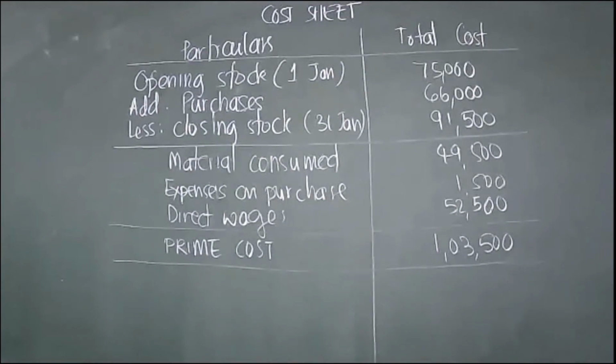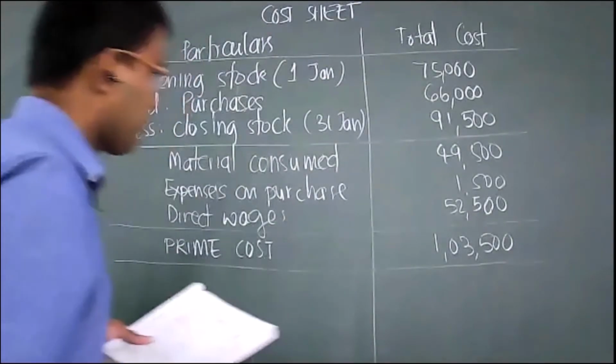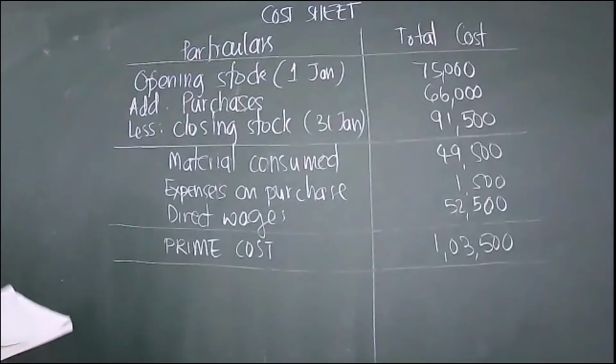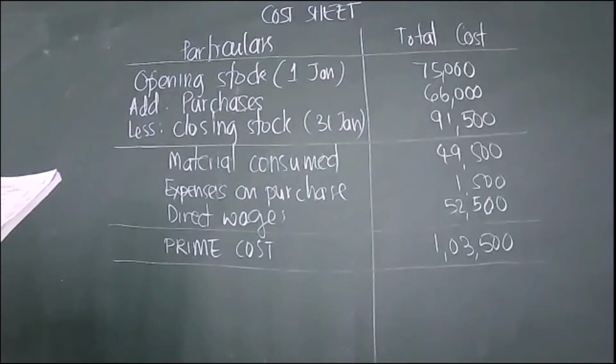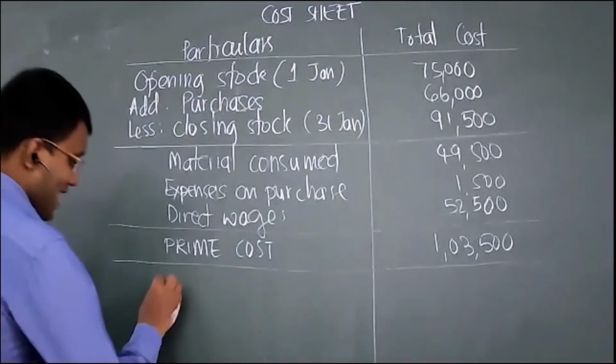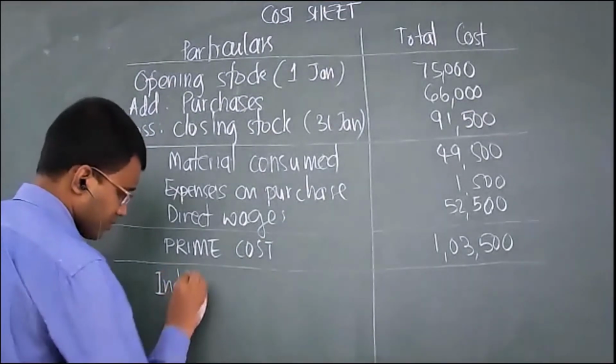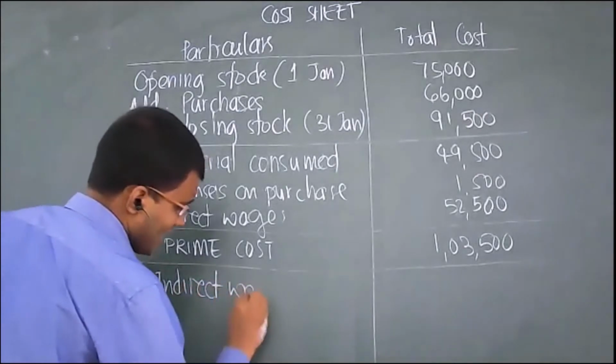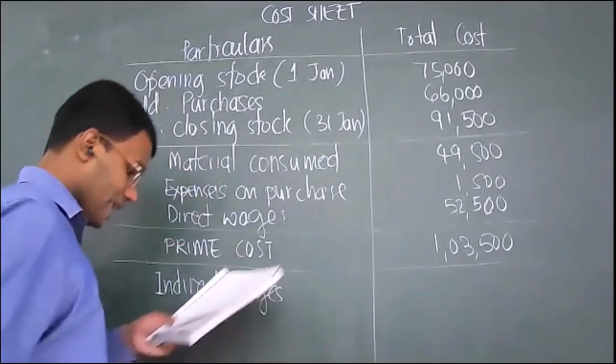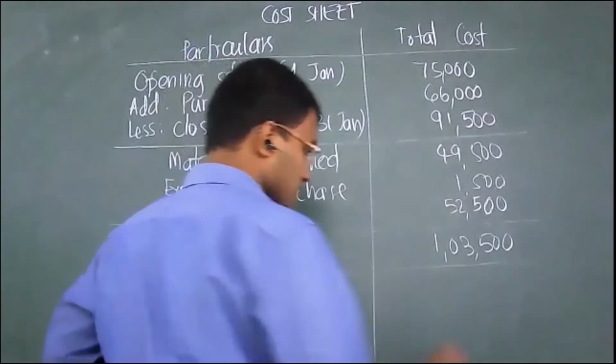Now, the next part of the cost sheet, we will have to consider the factory overheads. What are the factory overheads that we have? We have indirect wages.